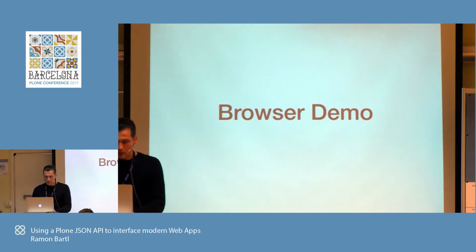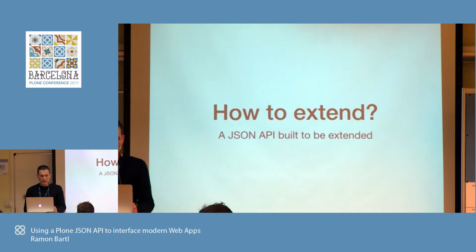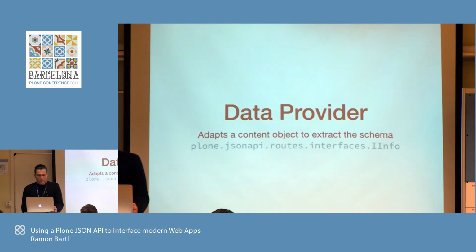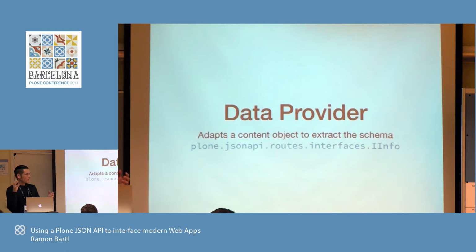Browser demo. So now you may ask, okay, I have a content type that behaves differently. Plone JSON API routes is built to be extended. When the request hits Plone at the API view, it will get dispatched, and it will say, okay, the user wants this content type, for instance, my content type.